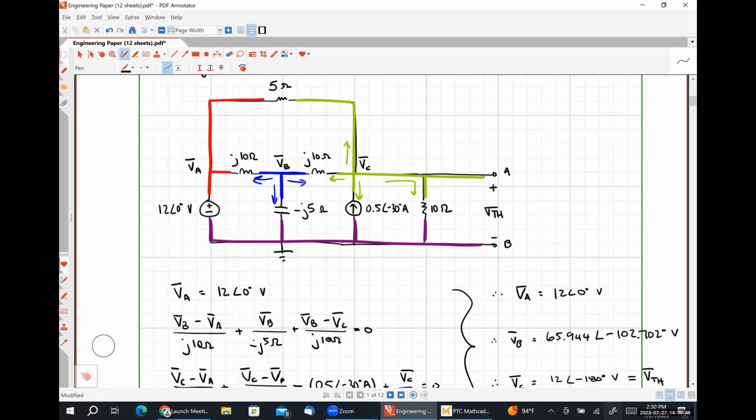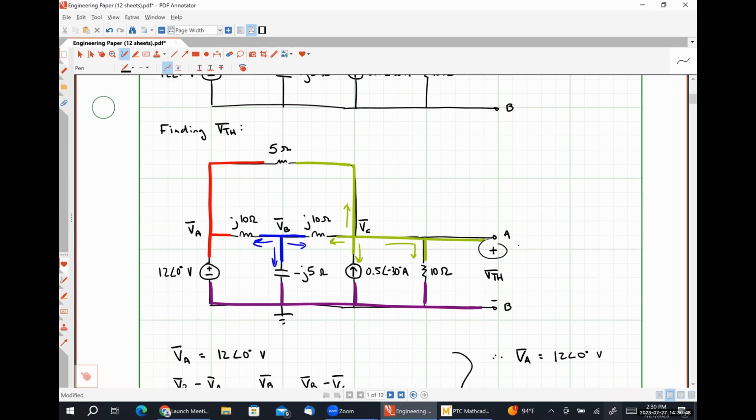And we can see that here explicitly. The positive polarity terminal is associated with the green node where VC is. The negative polarity terminal is associated with our ground node. So VTH is equal to VC minus 0.